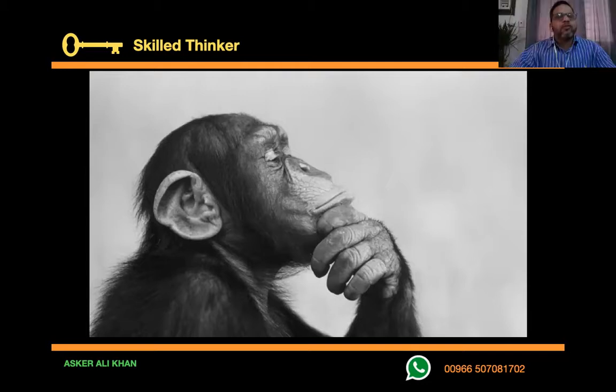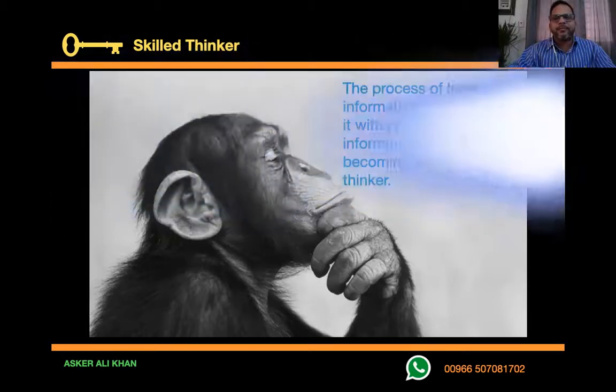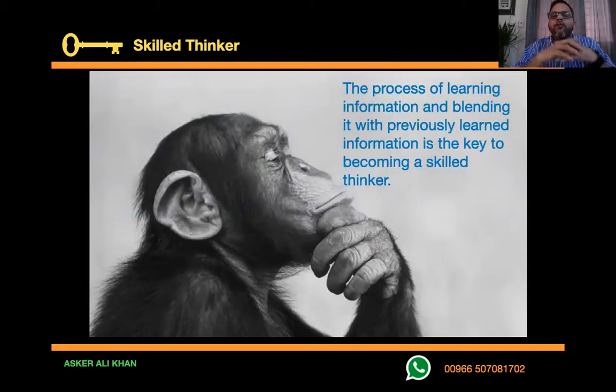So the key to skilled thinking is the process of learning new information and blending it with the previously learned information.